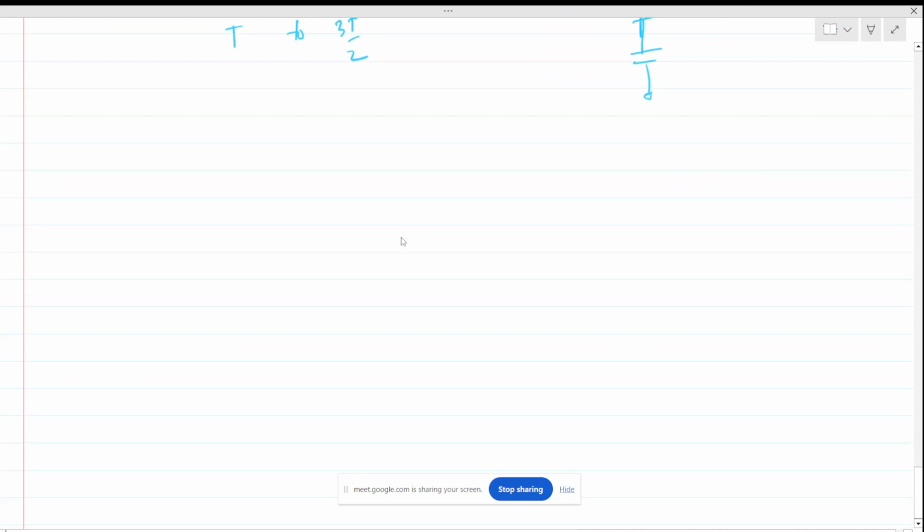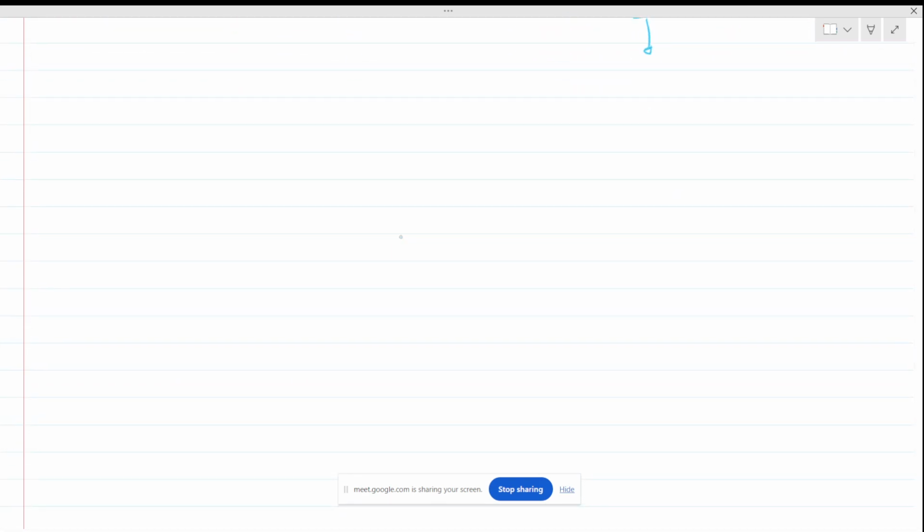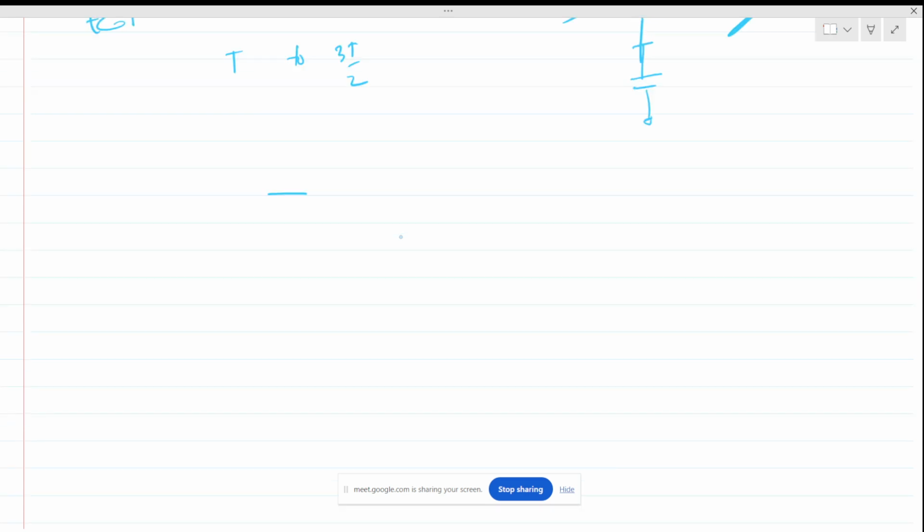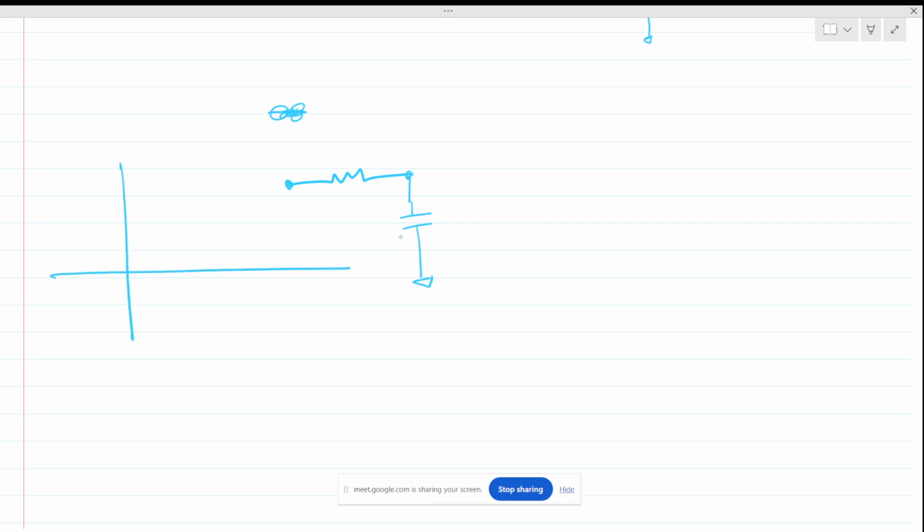So let me do another circuit. This is the input.